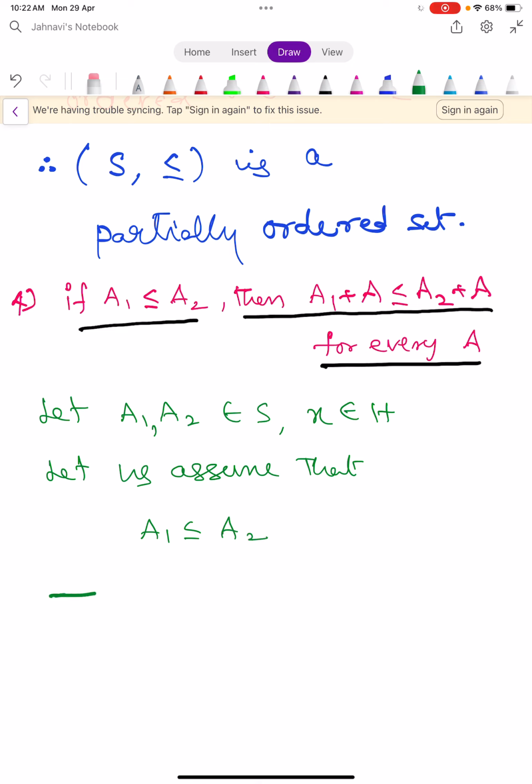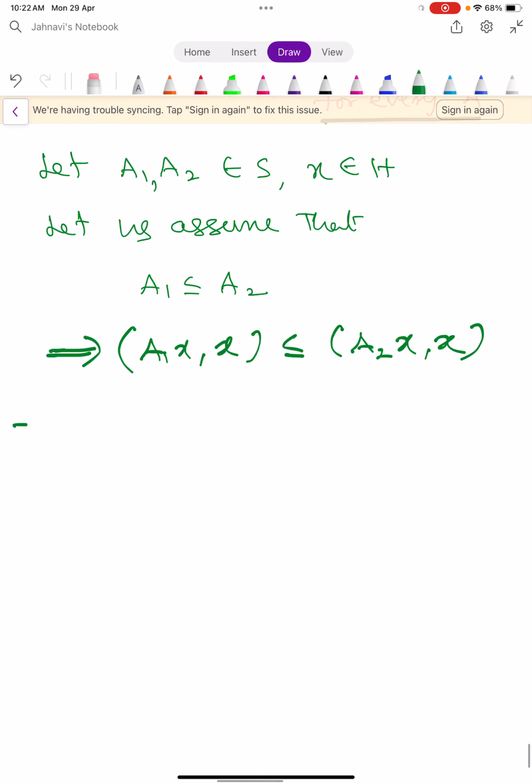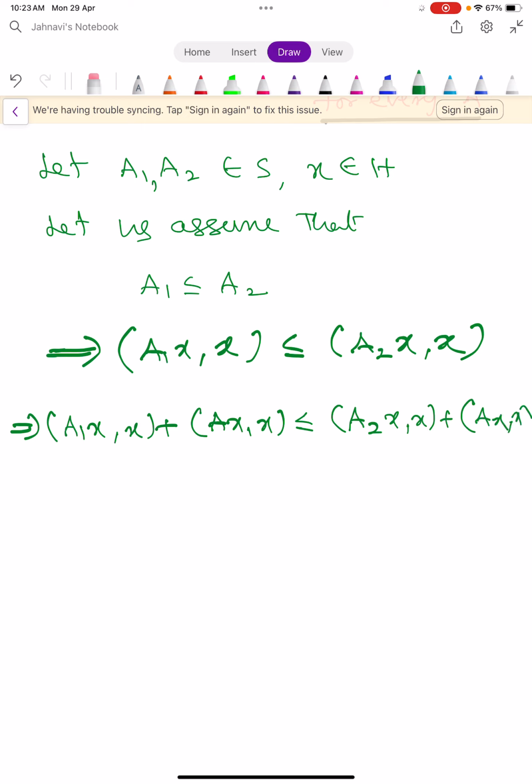If a1 less than or equals to a2, then obviously inner product of a1x comma x is less than or equals to inner product of a2x comma x, which implies inner product of a1x comma x plus inner product of ax comma x is less than or equals to inner product of a2x comma x plus inner product of ax comma x, whenever a not equals to 0.